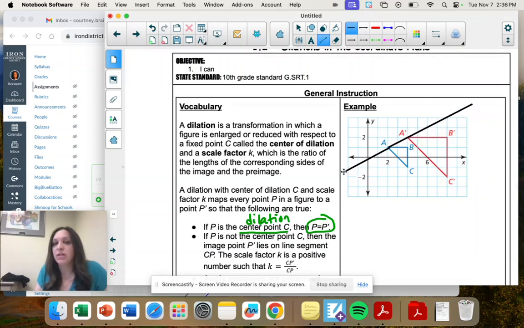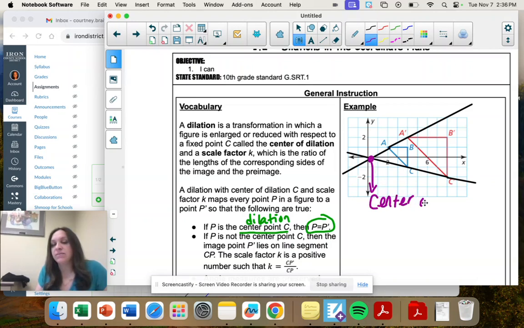So endpoint, endpoint, and then you would do the same thing on the outside. Endpoint, endpoint. I bet it's actually 0, 0. My lines aren't straight. So this intersection point is the center of dilation.